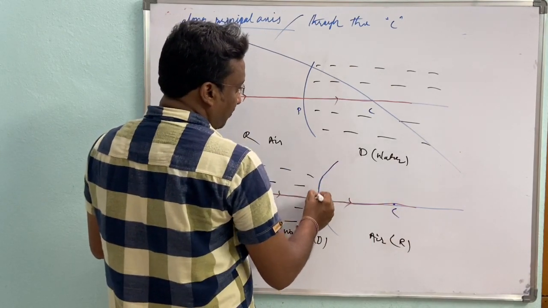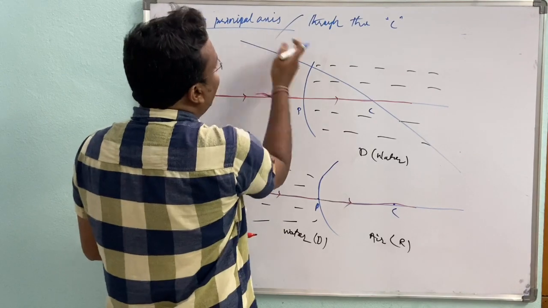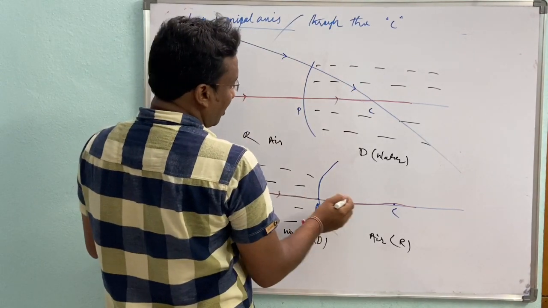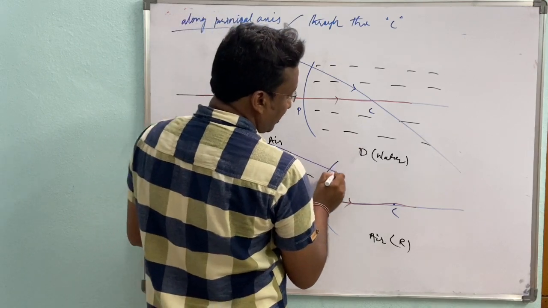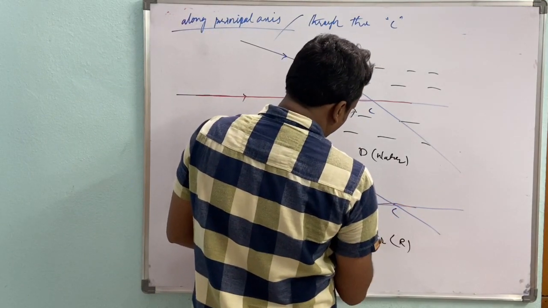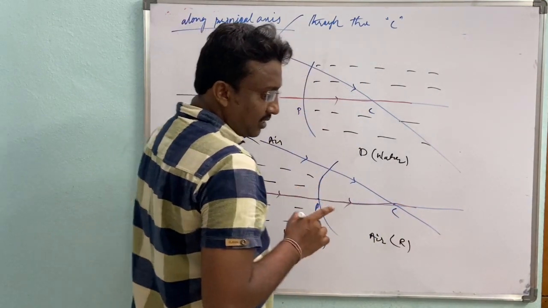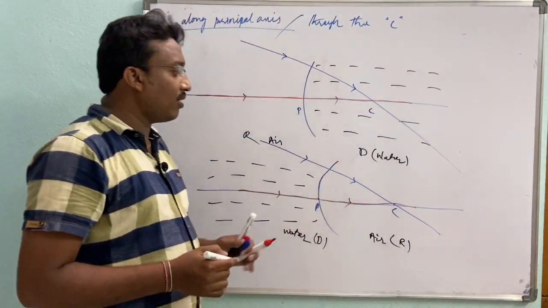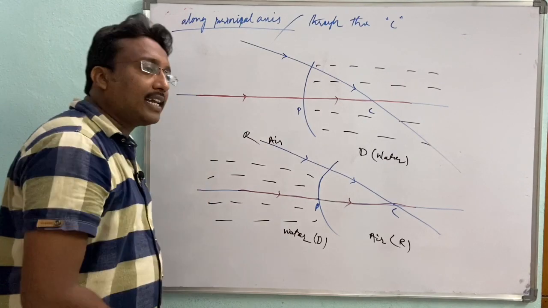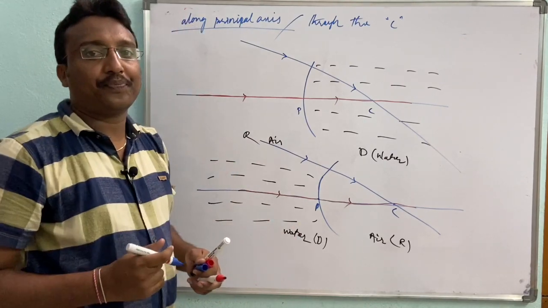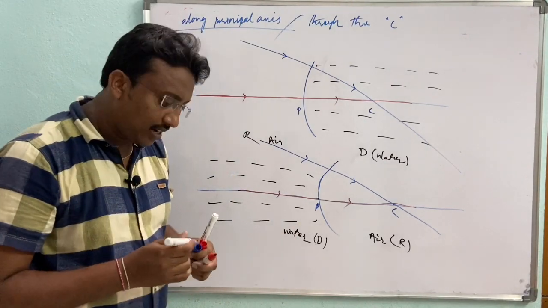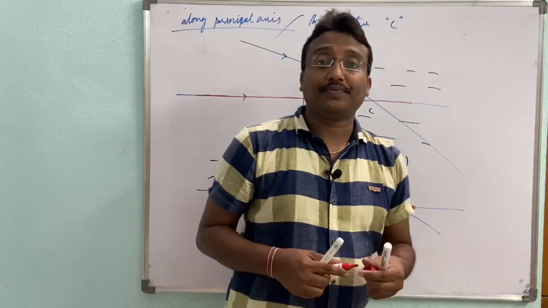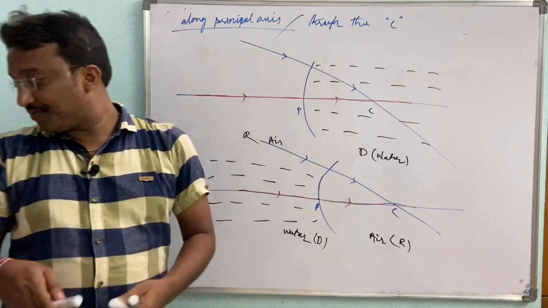Whatever it may be, whether passing rarer to denser or denser to rarer, there is no deviation. Why? Because the line drawn to the center of curvature from the curved surface acts as a normal. Got it? Then this is proved by Snell's law.